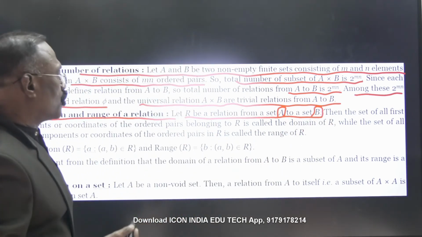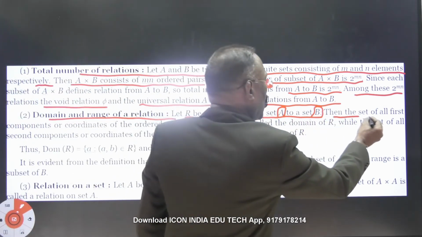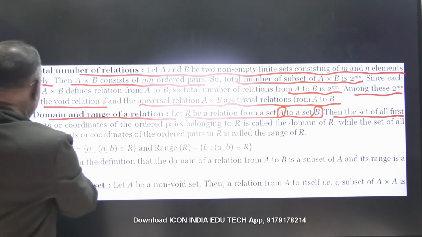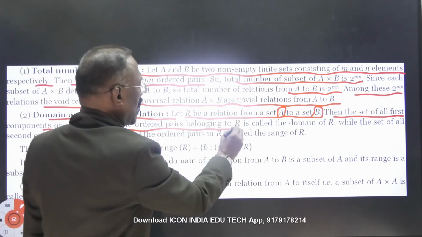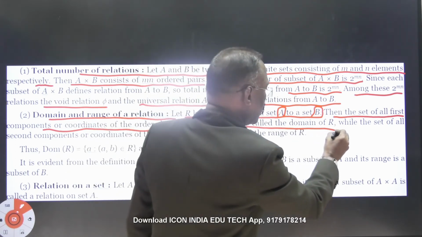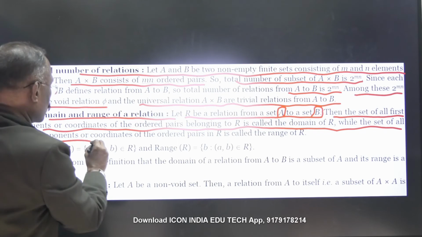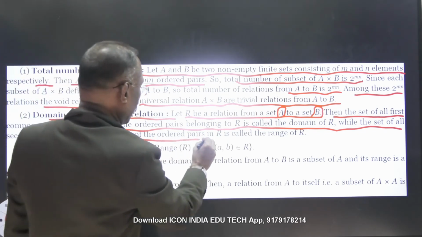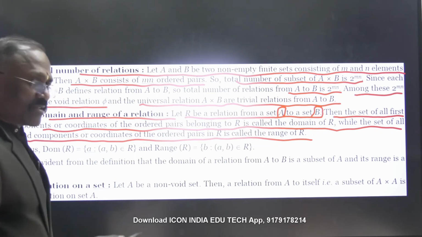We'll be understanding through the example. Then the set of all first components or coordinates of the ordered pairs belonging to R is called the domain of R, while the set of all second components or coordinates of the ordered pairs in R is called the range of R. That's what I said.